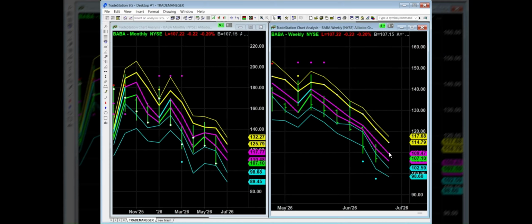If it can break out of this $109, it may increase to either this yellow trend line around $114 or at least to this top red trend line around $109.